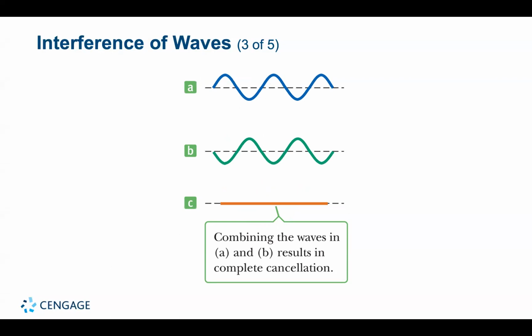If these were water waves coming together, one of the waves would exert an upward force on the individual drops of water at the same instant the other wave was exerting a downward force. The result would be no motion of the water at all. In such a situation, the two waves are said to be 180 degrees out of phase and to exhibit destructive interference.